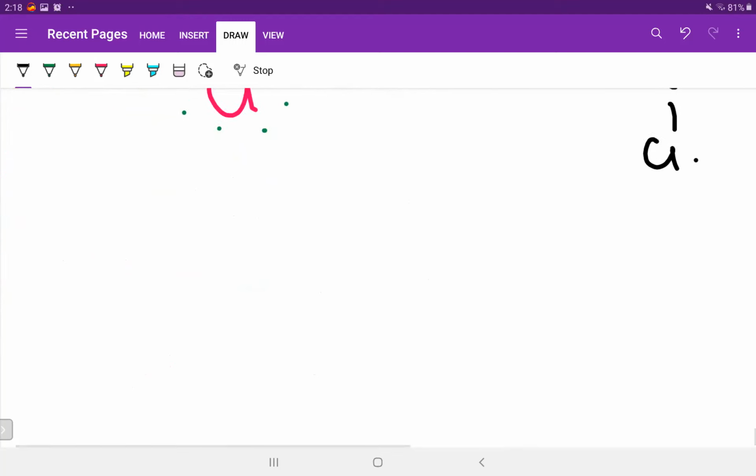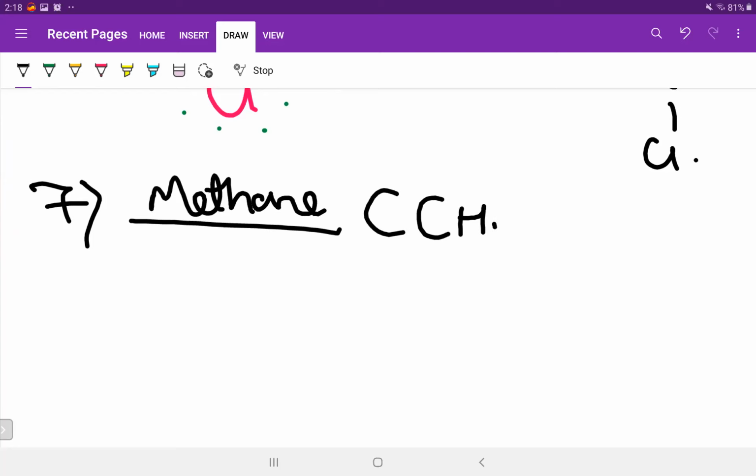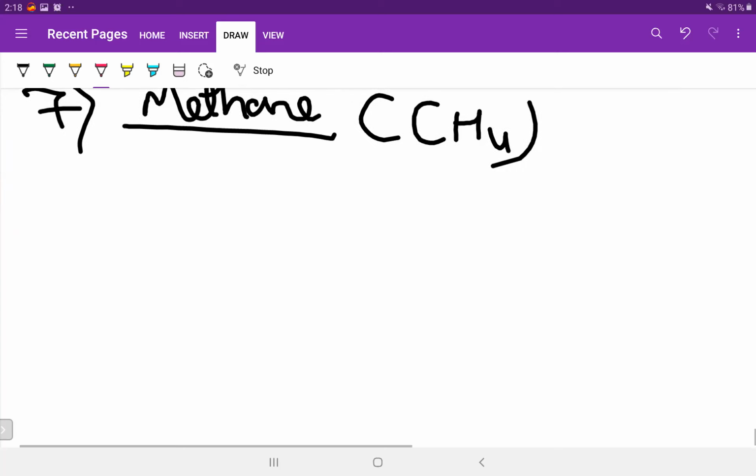So let's move on to the next and the last type of covalent compound which we have to study in our syllabus, that is methane. We'll study it in organic chemistry as well. CH4. So how many hydrogens is it having? It's having 4 hydrogen.